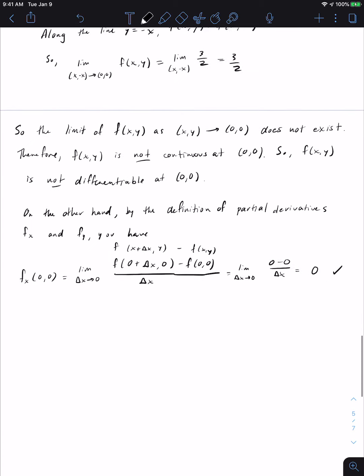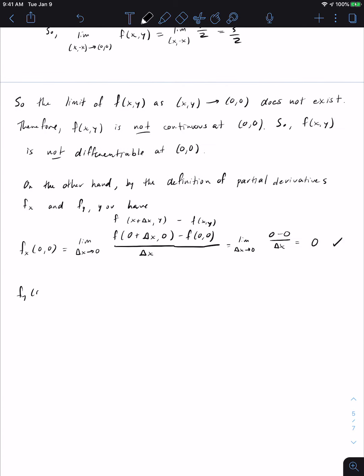So it exists. Now when I do the same thing for y, it looks like the limit as delta y approaches 0 of f of, this time x is 0, and then it's y plus delta y, so that would be 0 plus delta y, right? Because remember it's f of x, y plus delta y, minus f of x, y, but in this case we're looking at the point 0, 0, over delta y.